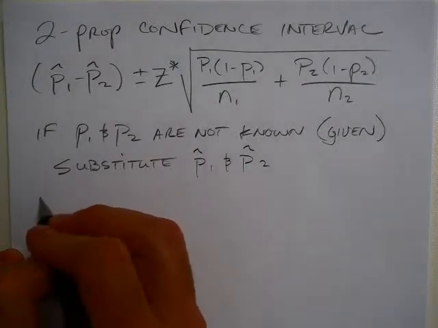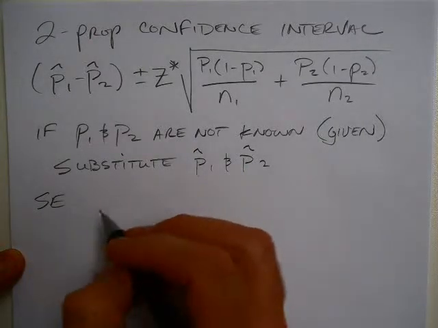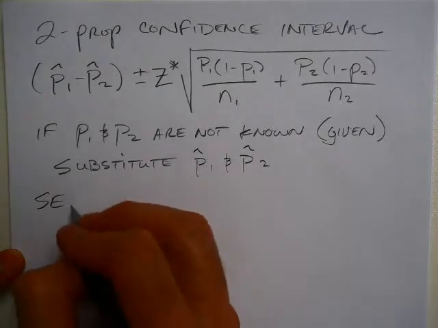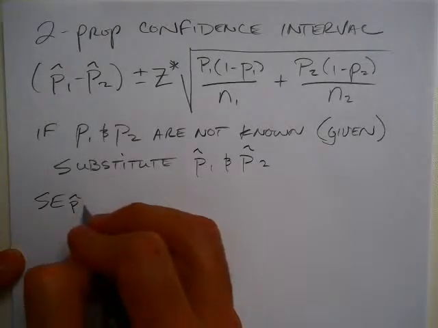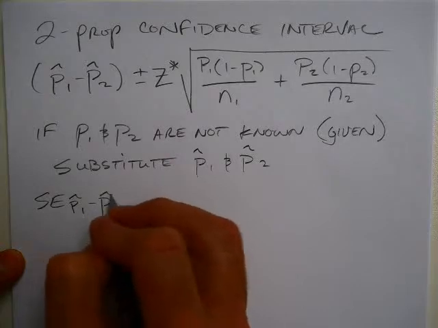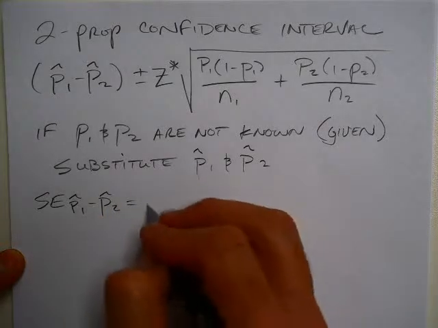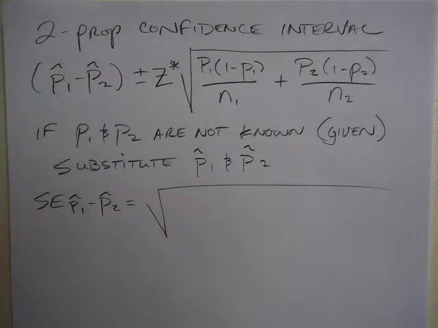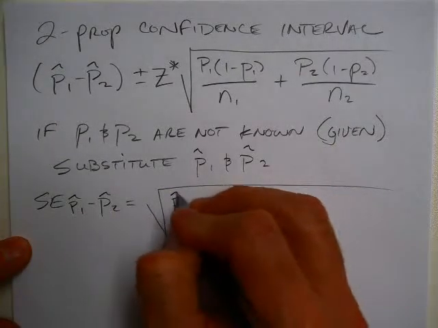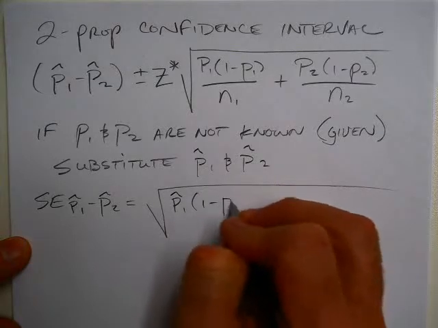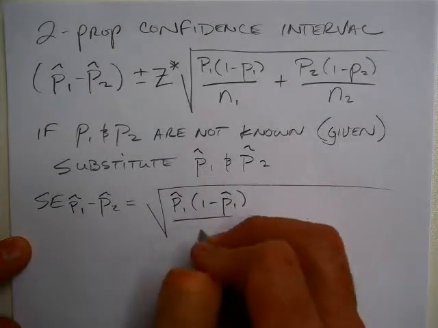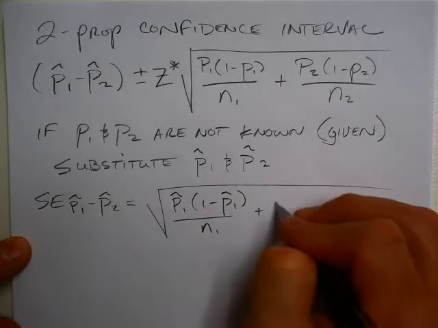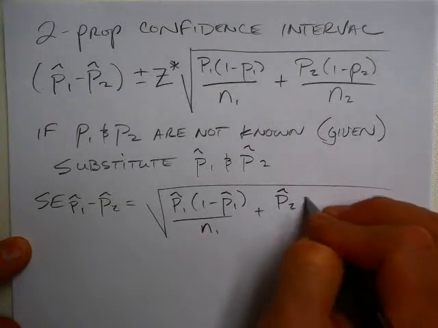So if you do that substitution, you're using the standard error of p hat 1 minus p hat 2, which, if this is the standard deviation, it's going to be exactly the same thing except with hats. P hat 1 times 1 minus p hat 1 over n sub 1 plus p hat 2.